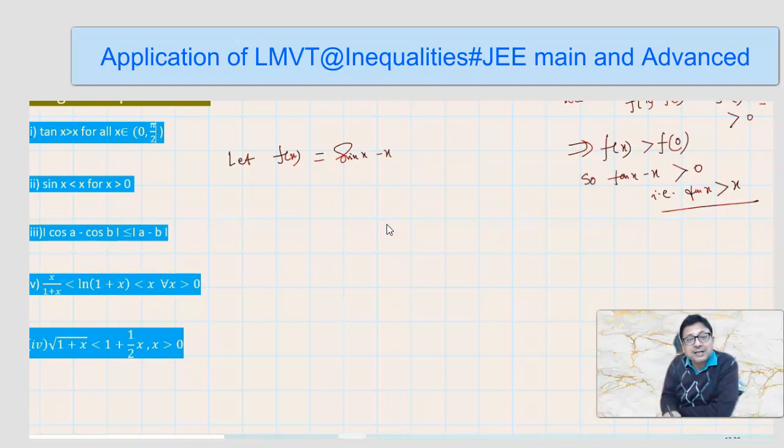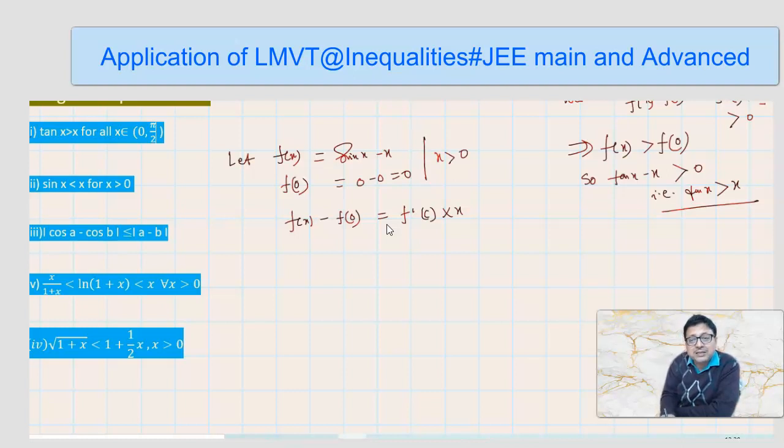You can take x minus sin x also. What is the value of f(0) here? Sin 0 is 0, minus 0, that is also 0. So f(x) minus f(0) is equal to f dash c multiplied by x. This can be used where x is greater than 0.